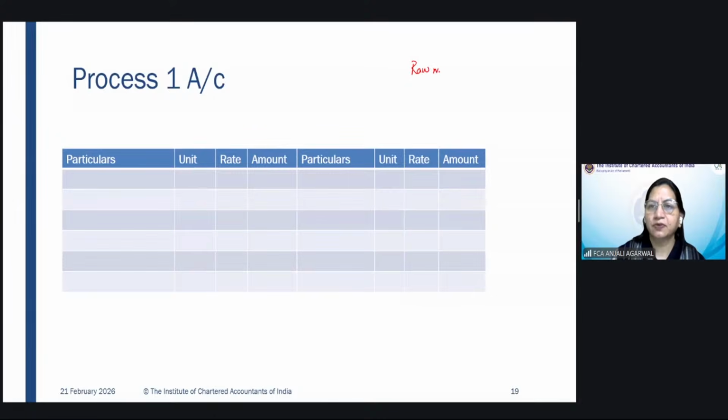Raw material introduced, case 4 here: 1,000 units costing 5,000. Labor cost is 2,000 and overheads are 3,000.